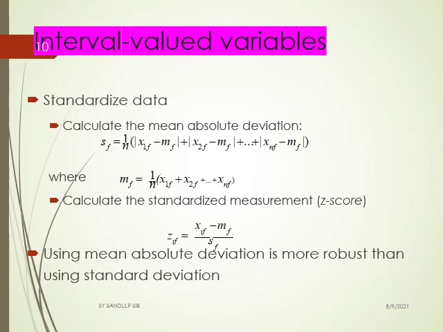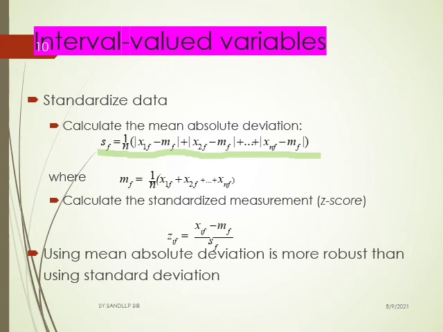We can first calculate the mean absolute deviation, which is calculated as sf equals 1 by n times (|x1f minus mf| plus |x2f minus mf| and so on). You can see mf is common in all of this. This is the median point, and we need to find the distance between each of those inputs and the median point, take the absolute value, sum it and divide by n.